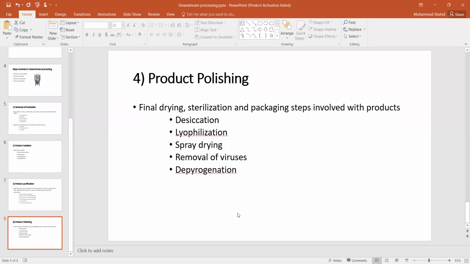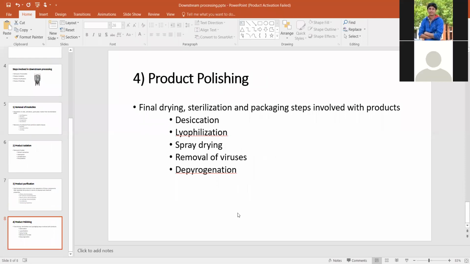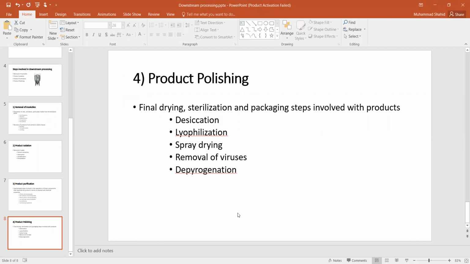So finally, the last step of downstream processing is product polishing. Once we have gone through all the steps of removing the cell debris, then removing the water, then extracting our desired product, and then separating our desired product from the other similar products, our final aim is to polish the product.